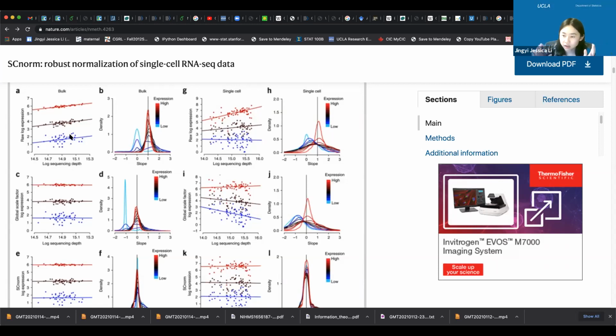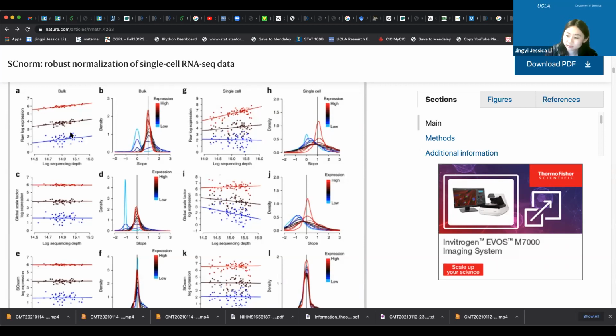And the magic of log transformation is that you can make a multiplicative relationship additive. In other words, you would have log gene expression equal to log sequencing depth plus something. And the log sequencing depth should have a slope equal to what? The slope should not be positive, right?